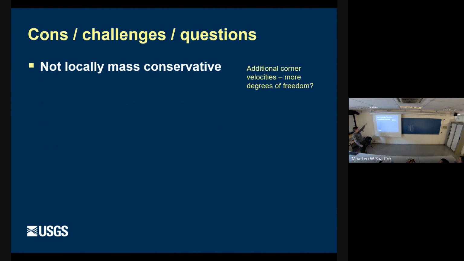By not locally mass conservative, I mean that when you break up the cell into subcells and you estimate the divergence of the flow on each of those individual subcells, ideally you want them to match the divergence of the cell overall. And the numerical estimate of the divergence would be you add up all the flows and divide by the area, right?